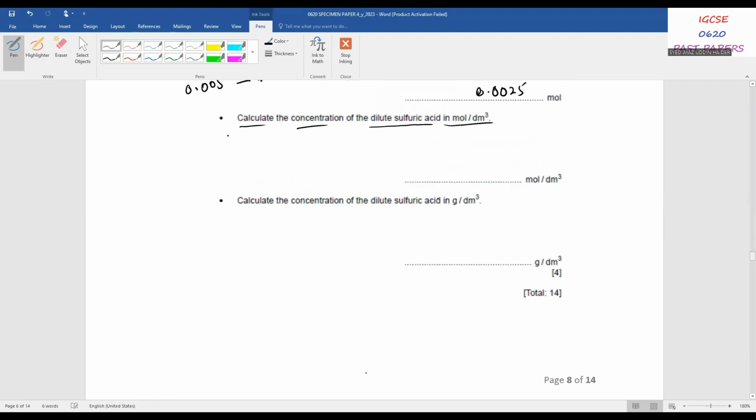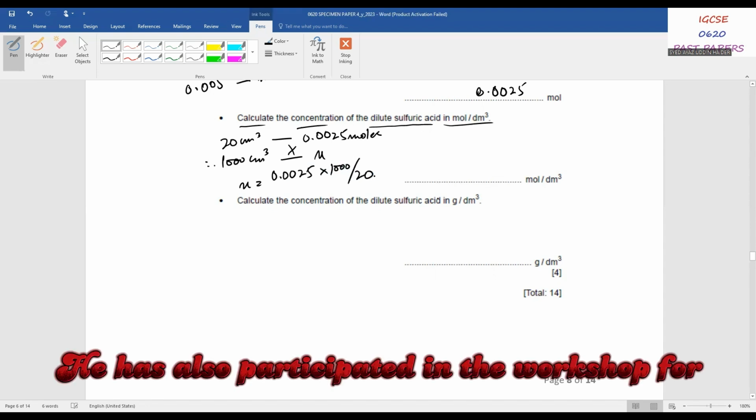So you write 20 centimeter cube contains 0.0025 moles. Therefore, 1000 centimeter cube contains x moles. So x is equal to 0.0025 multiplied by 1000 and divided by 20. So the answer will be 0.125 mole per dm cube.